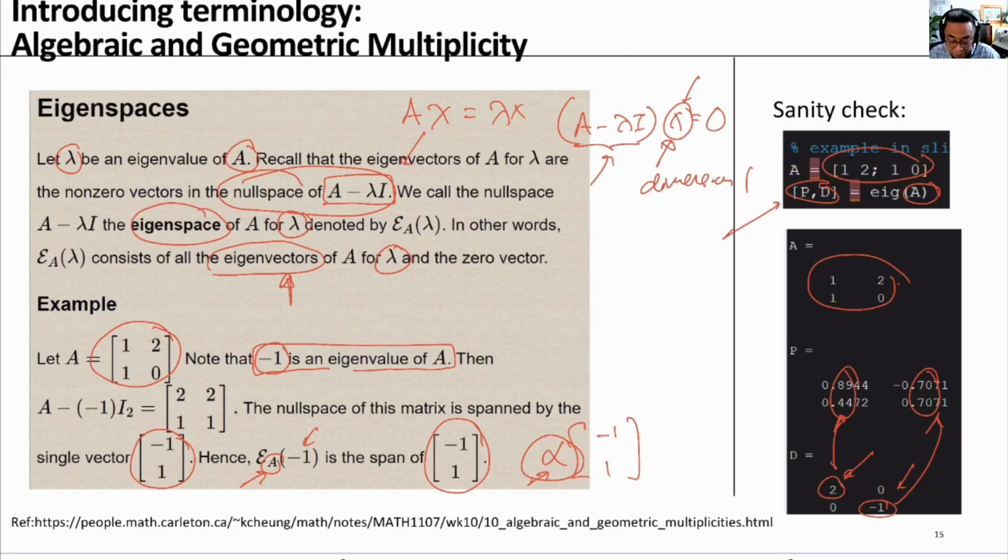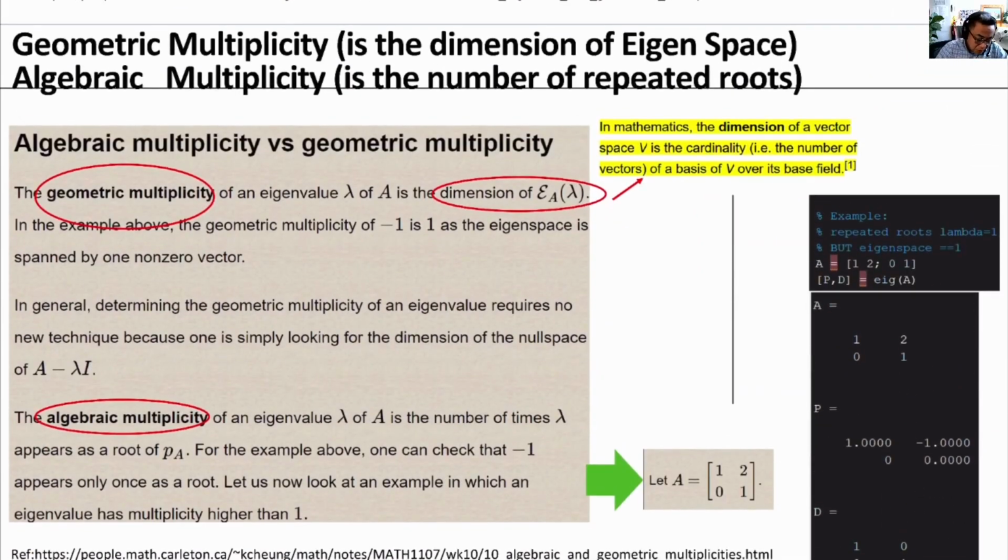What about geometric multiplicity? Remember, algebraic multiplicity is related to the number of repeated roots, the power of the root. So geometric multiplicity is the dimension of the eigenspace for that particular eigenvalue.